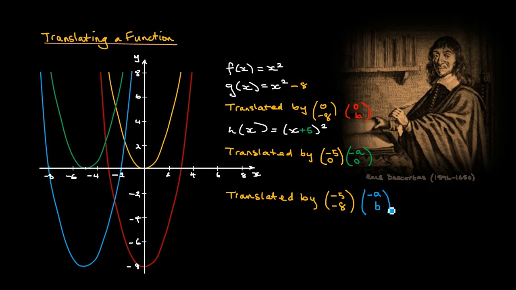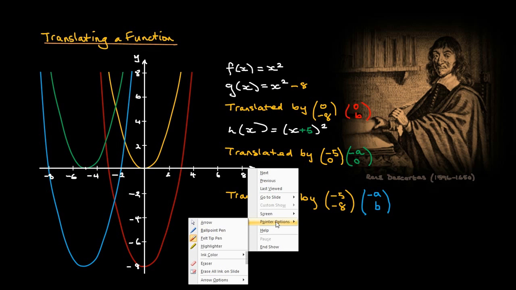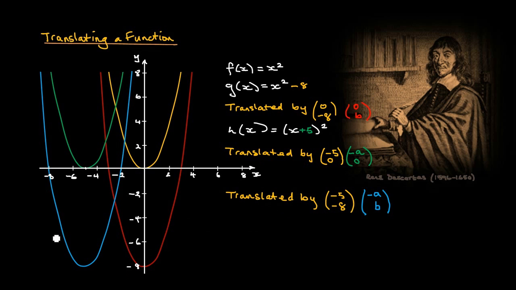So my general expression for the vector is minus a, b. Now what does that mean in terms of the function? It gives me a nice easy way now to describe our final function here. Let's call it I of x. So the blue one is I of x.